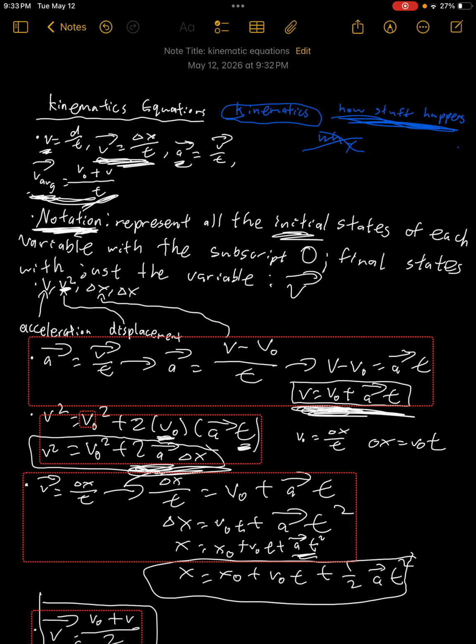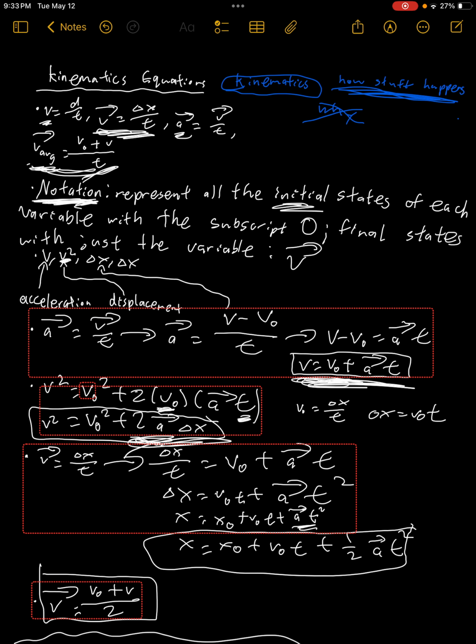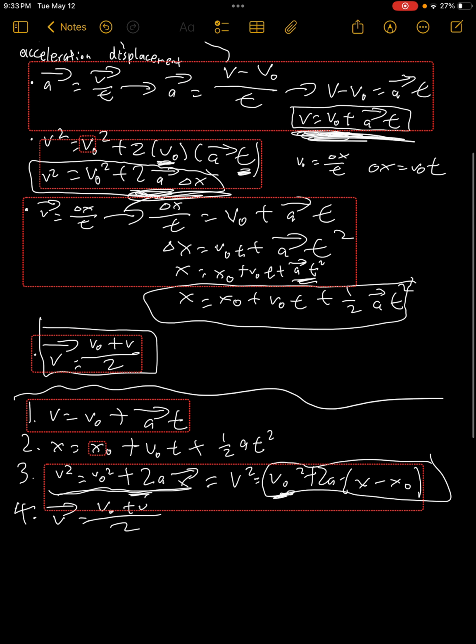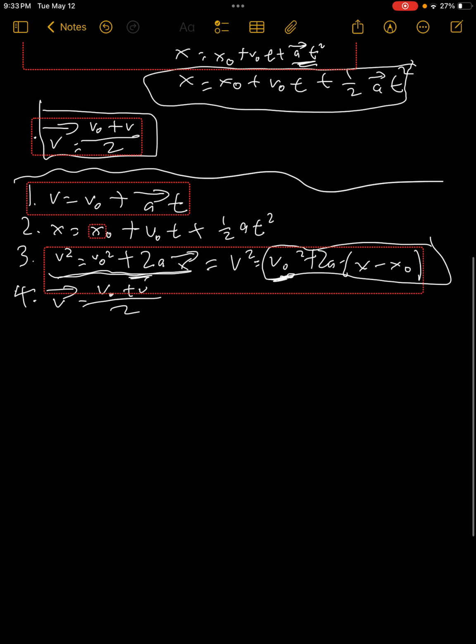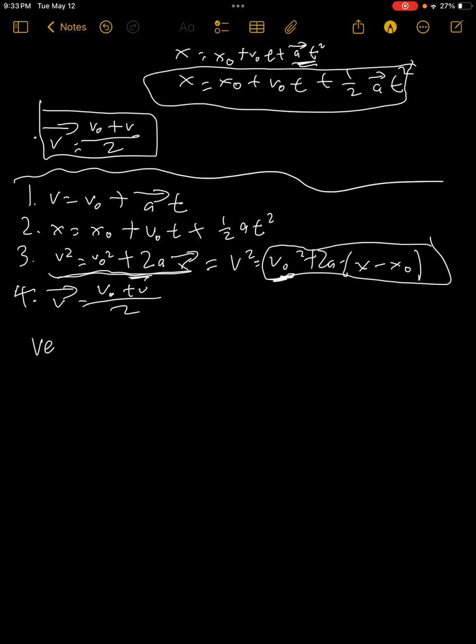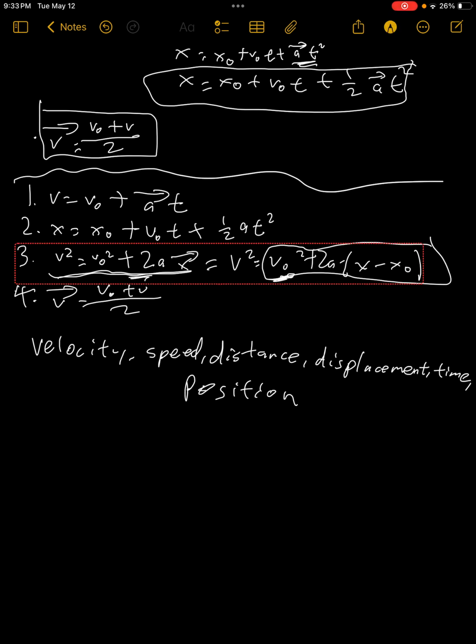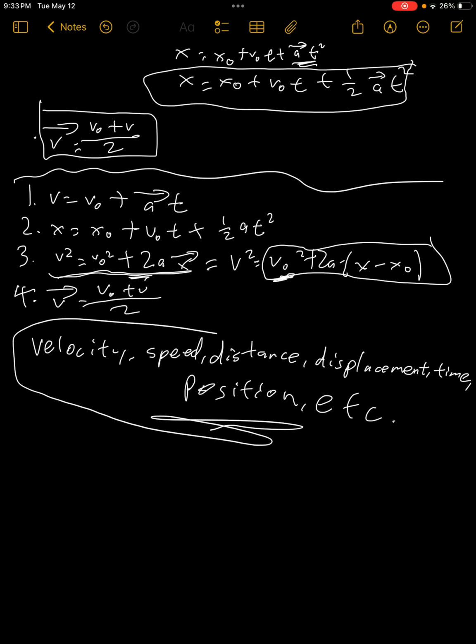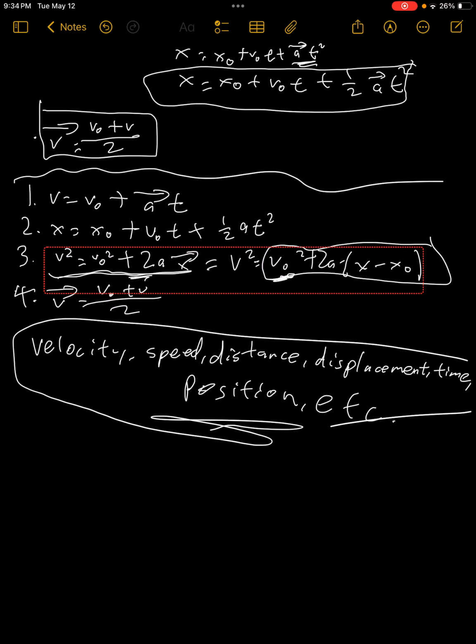And basically using kinematic equations, we can find out a lot of things in mechanics, because it tells us the relationship for velocity, speed, distance, displacement, time, and position, etc. And these are very important things in mechanics. So the kinematics equations are really useful for this.